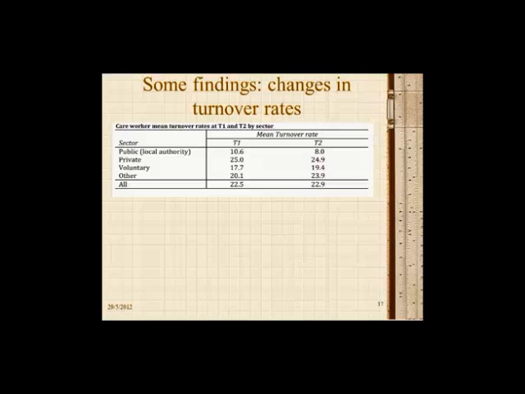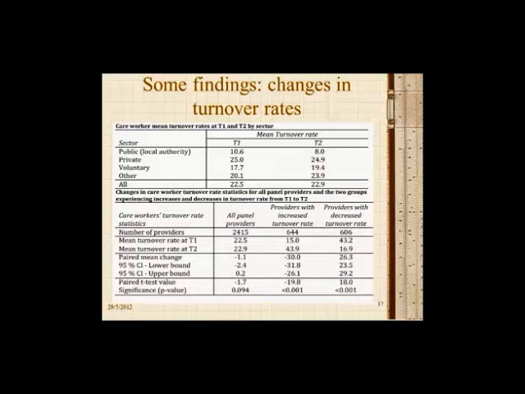But then we said, okay, we've got longitudinal data, we have to do better than that. We're not going to take averages. So we looked at the panel providers and said that among those who had complete data, there is a group of over 600 whose individual provider turnover has increased, and almost the same number whose turnover decreased. The remainder stayed the same.